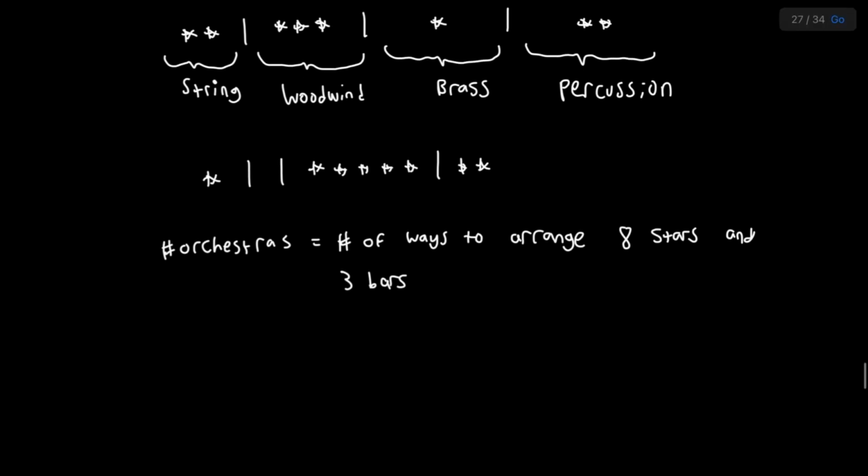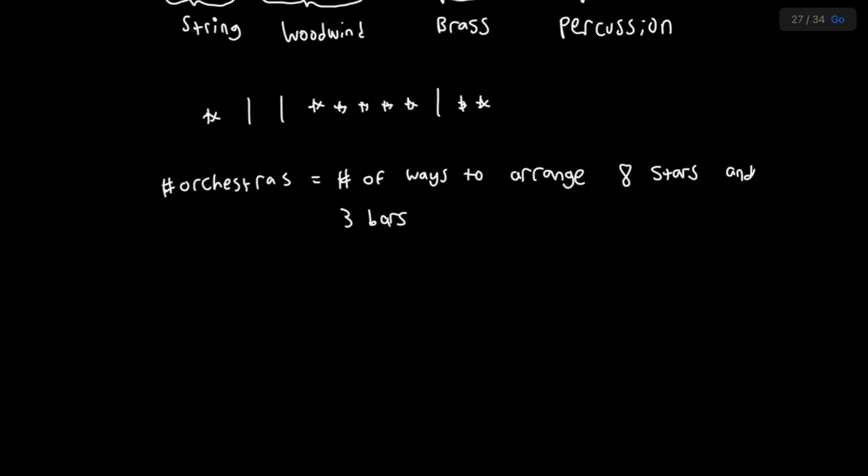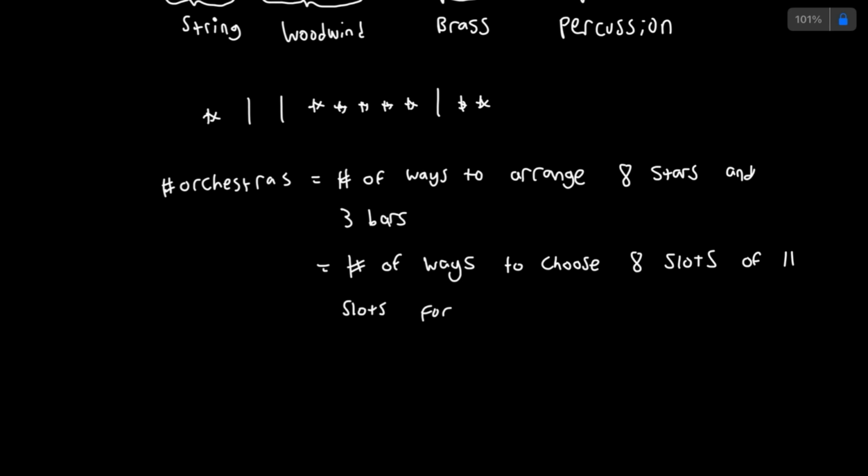So what is the number of ways to do this? Well, this is essentially the number of ways to choose 8 slots, let's say, of 11 slots for the stars, right?